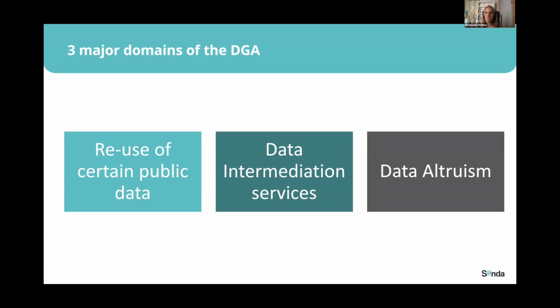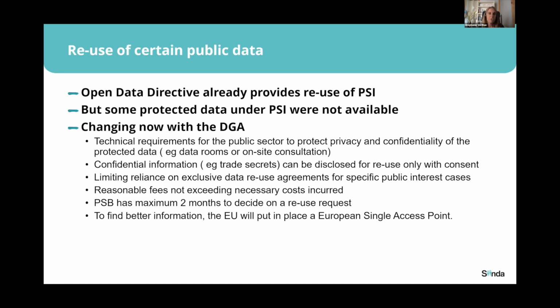The second one is the setup of what is called data intermediation services. This is a new feature that's been developed by the DGA, the Data Governance Act. And the third is the notion of data altruism, and sharing data out of data altruism, so without any compensation.